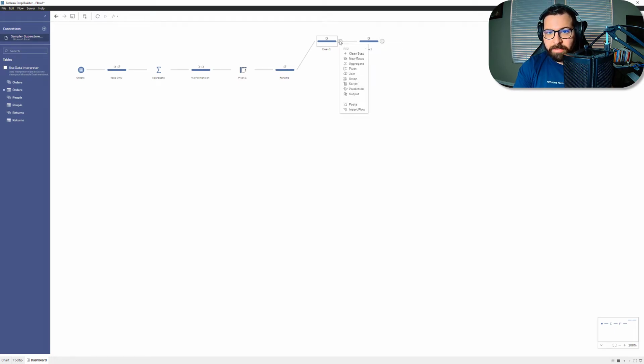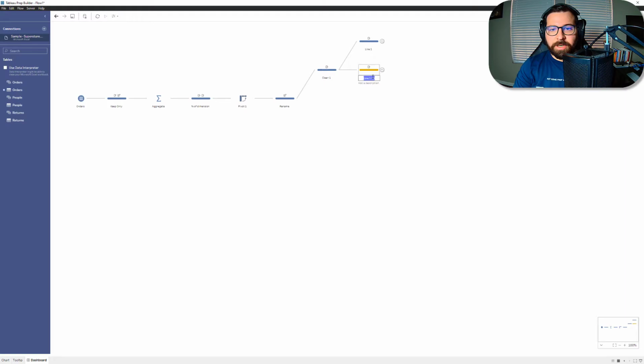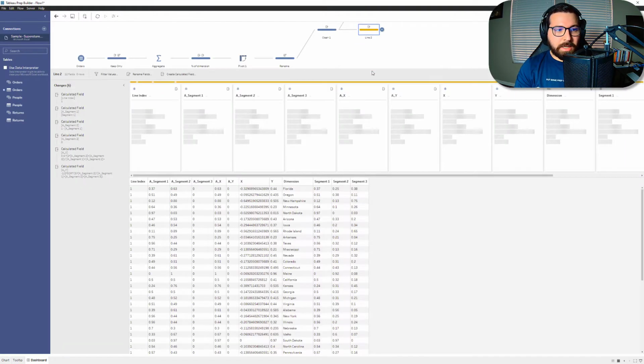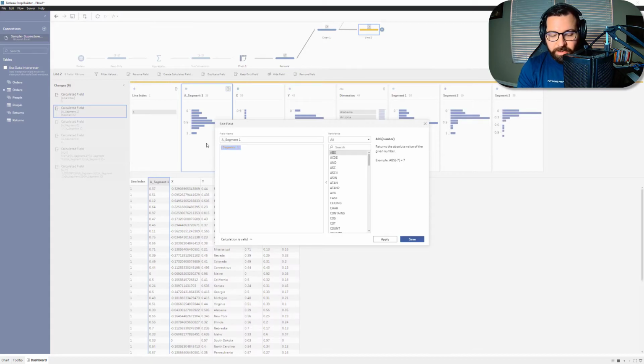I'm going to copy, paste it here. So now I'm going to go in here, name this line 2. And now my calculations are just going to change just a little bit. Here, a segment 1, instead of being a copy of segment 1, is going to become 0.